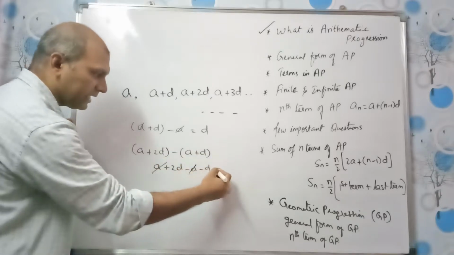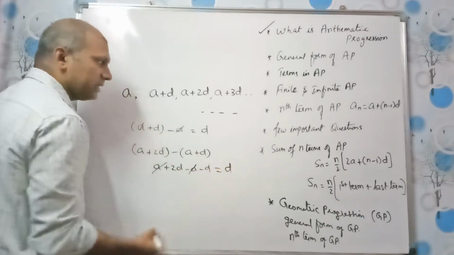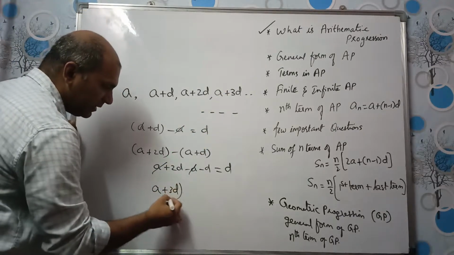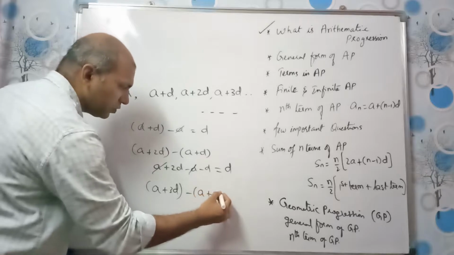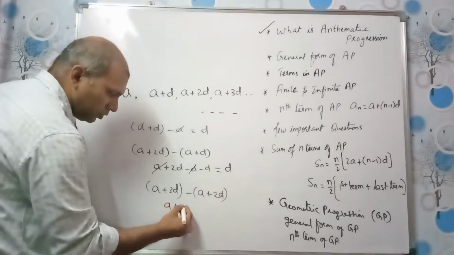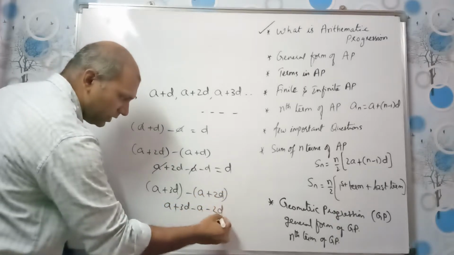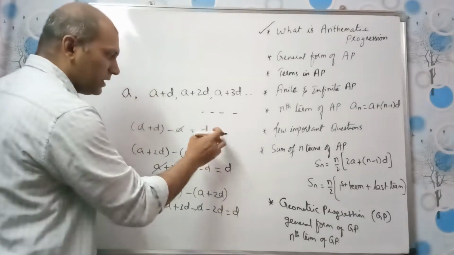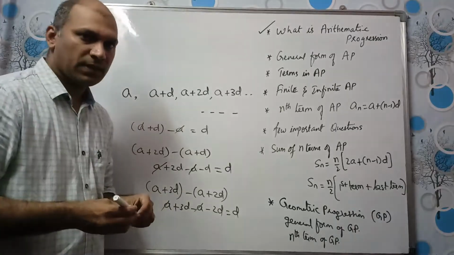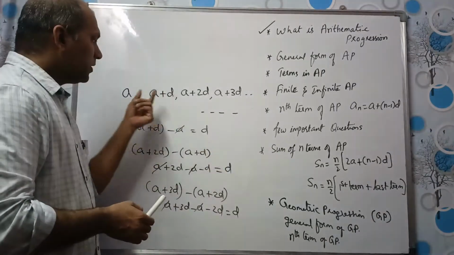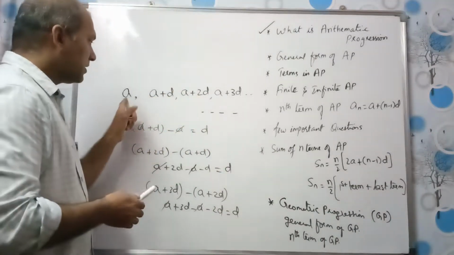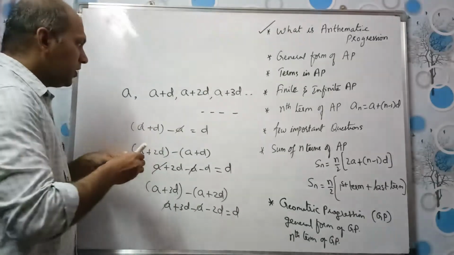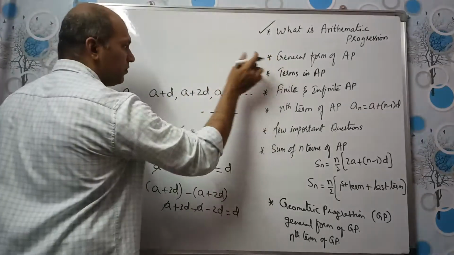A will get cancelled. 2D minus D is D. What about A plus 3D minus A plus 2D? If you remove the brackets, minus A minus 2D, minus A plus A will become 0, 3D minus 2D is equal to D. See, the common difference is the same. Now we can say that these terms are in AP. So this is called the general form of AP.